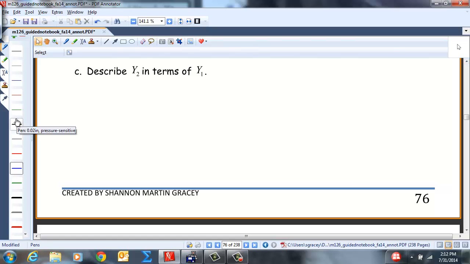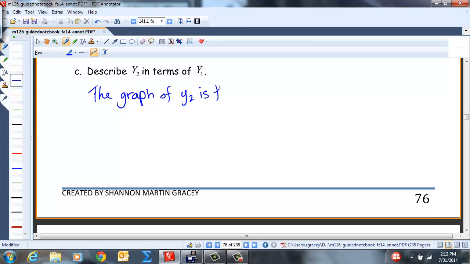Here we go. The graph of y2 is the graph of y1 reflected about the x-axis.